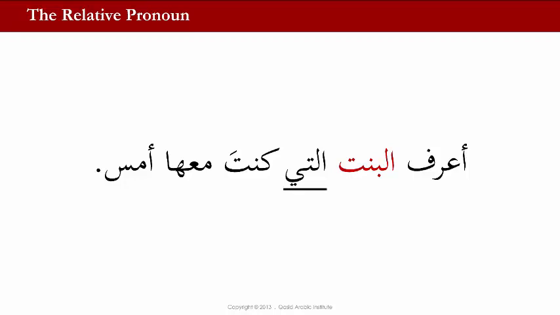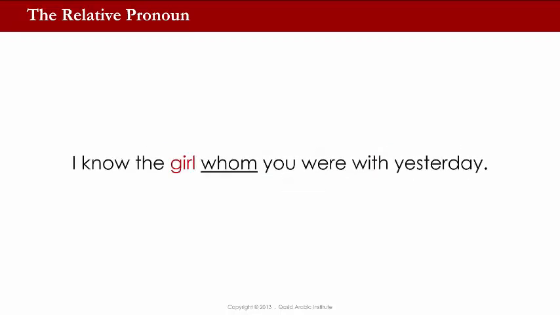So allati is what we use with al-bint, but notice here that we have to have a pronoun in the subordinate clause that connects, ma'aha. That ha connects to the girl. I know the girl you were with, the girl whom you were with yesterday.